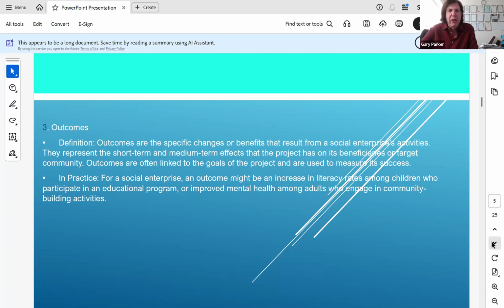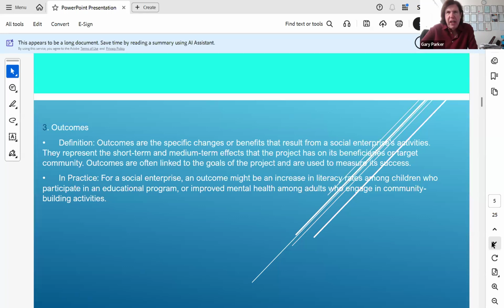Outcomes. What is an outcome? An outcome is the specific changes or benefits that result from a social enterprise's activities. They represent the short and medium-term effects that the project has on its beneficiaries or target community. Outcomes are often linked to the goals of the project and are used to measure its success.